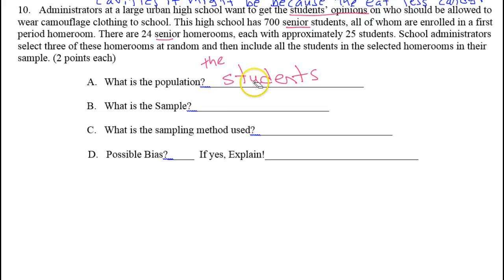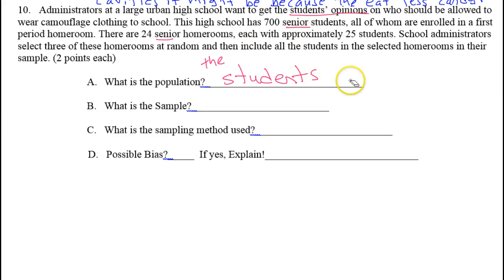The reason why you think that is because otherwise there would be bias. Your common sense makes you want to say seniors, because if you really wanted to know what all of the students think, why in the world would you only be asking seniors? So you kind of think to yourselves that, since they are only asking seniors, they must only want to know about seniors.